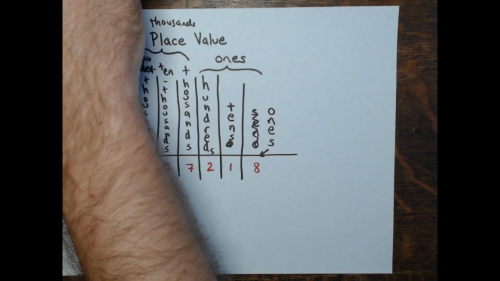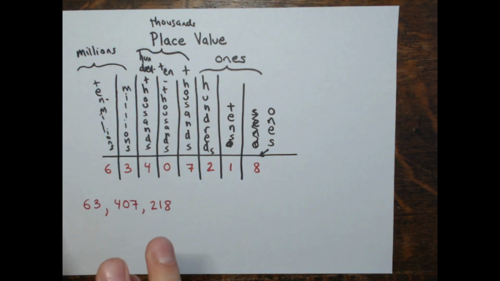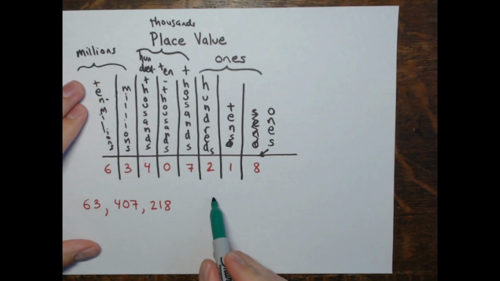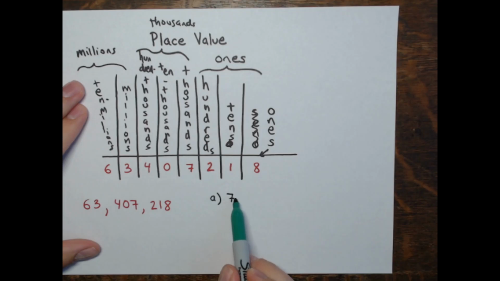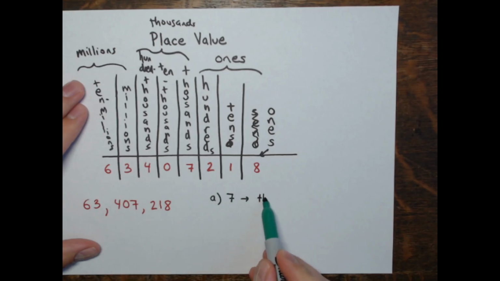All right, so in this example, they had different parts. Part A, what place value is the digit 7? So again, 7 is in the thousands place.